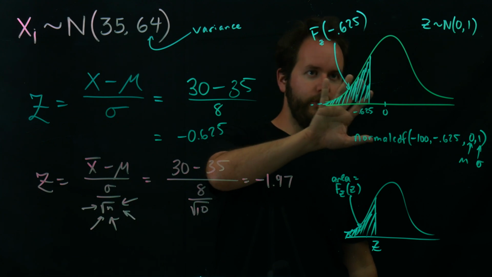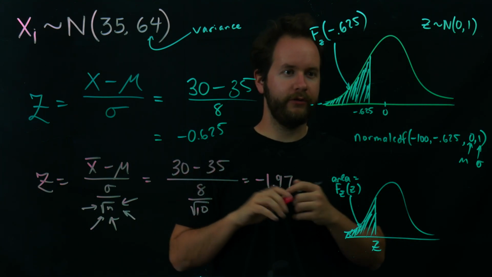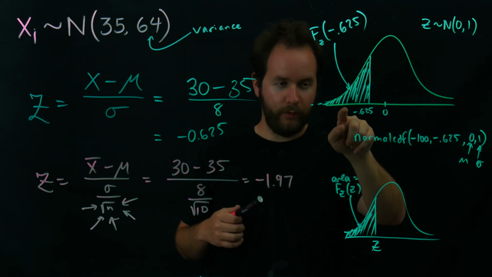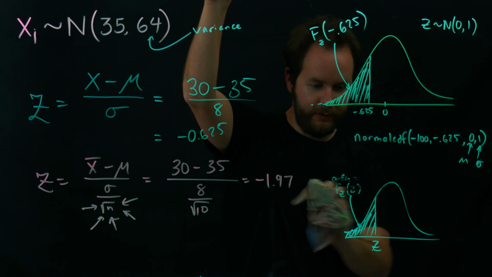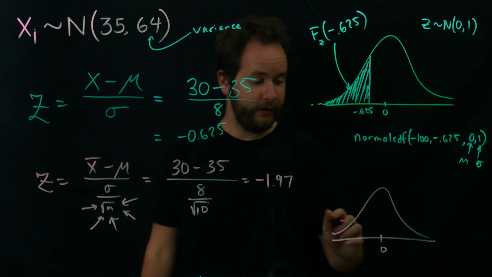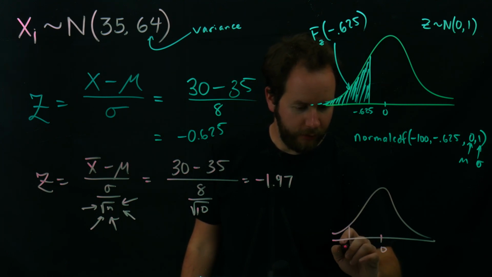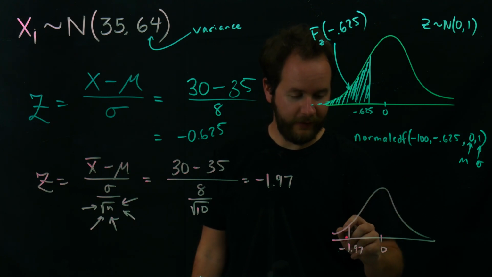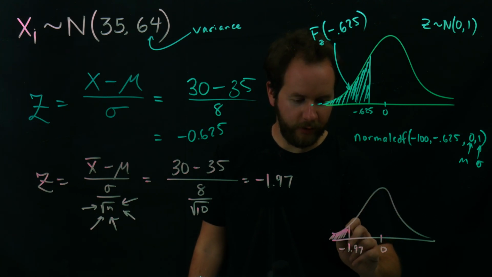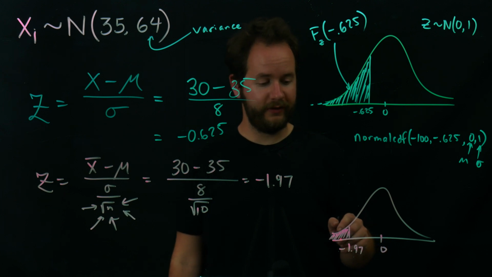So we could draw a whole new bell curve if we wanted to. Let's draw a new bell curve. Negative 1.97 falls a little closer to here. Notice it's a little bit further to the left of 0 than negative 0.625 was. And we're curious to know what the area left of that negative 1.97 is.